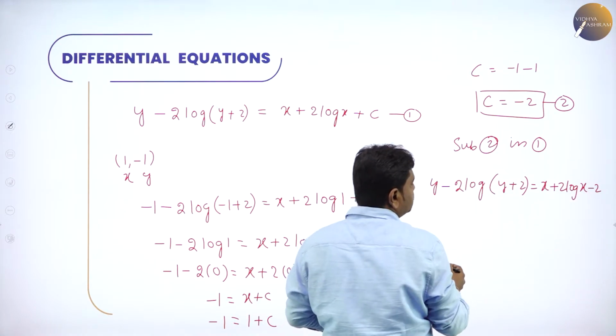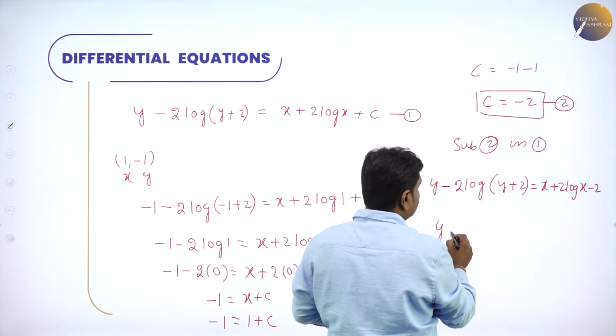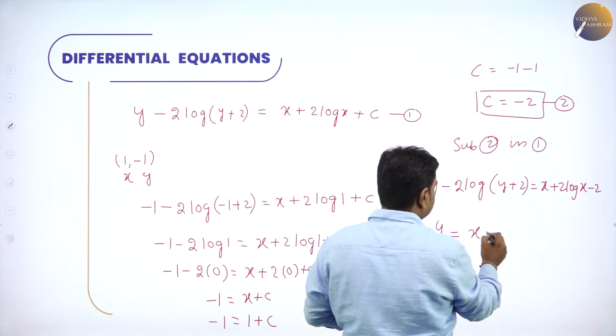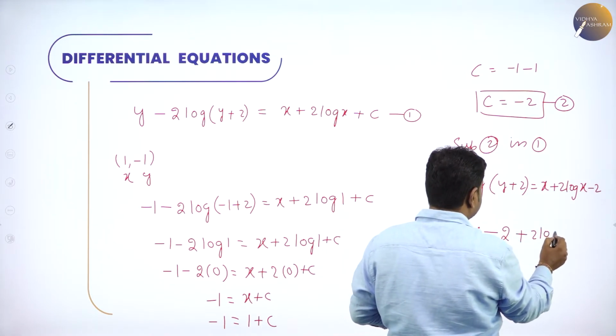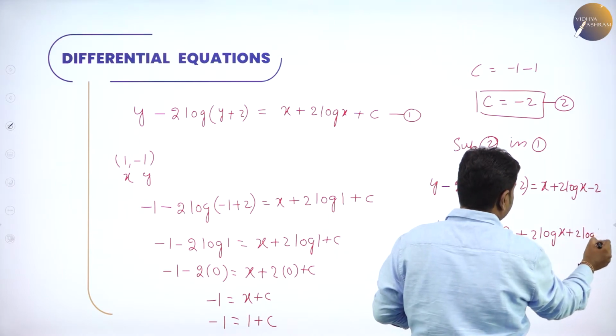Further, if you want, you can simplify this. All log terms you transfer to one side, and bring x to this side. y is equal to x minus 2 plus 2 log x plus 2 log of (y plus 2).